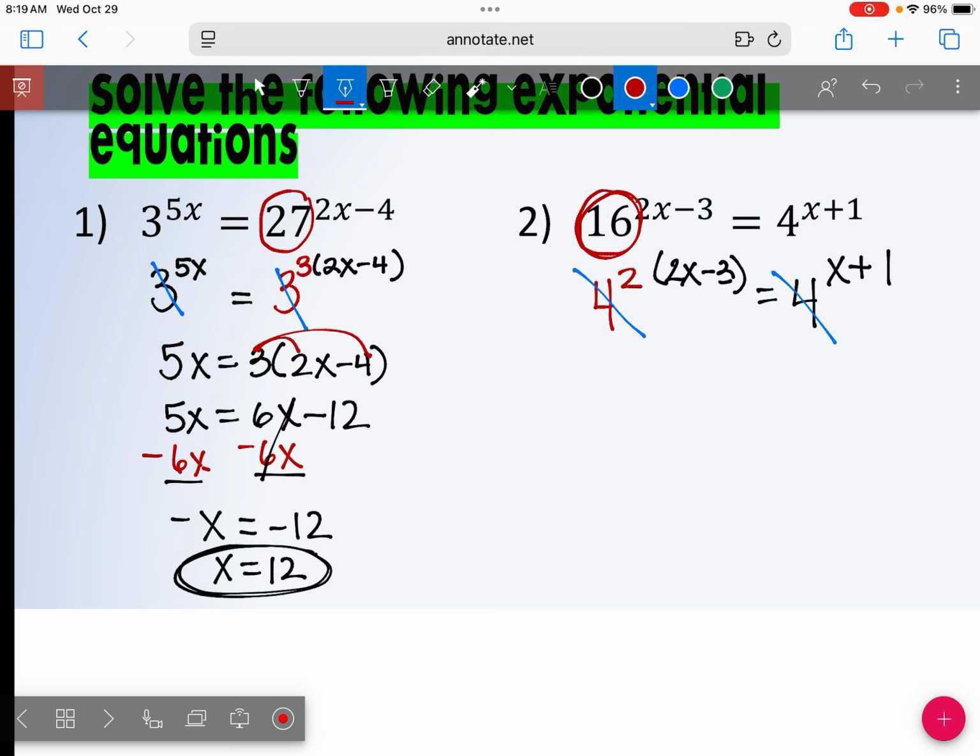And then I will give you a moment to solve this out. You're going to have 2 times 2x minus 3 equals x plus 1. Okay, go ahead and distribute and solve.